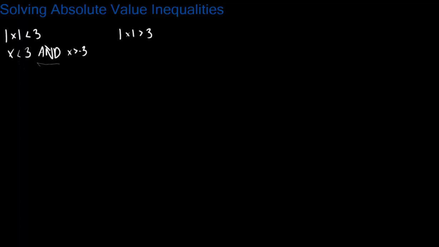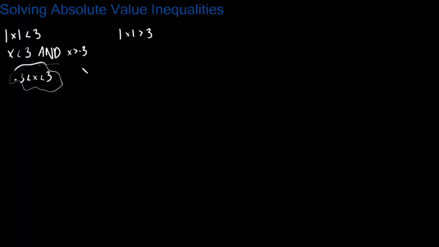It needs to be this, and also it needs to be that. It needs to satisfy both conditions. So x has to be less than 3 and also greater than negative 3. And the easier way of writing that out is actually negative 3 is less than x, which is less than 3. So this would be the solution, okay, in inequality form, all right?